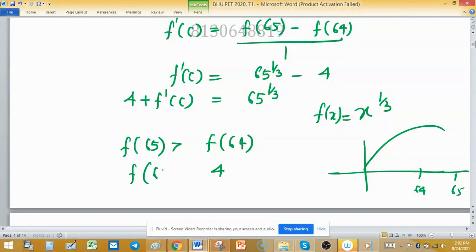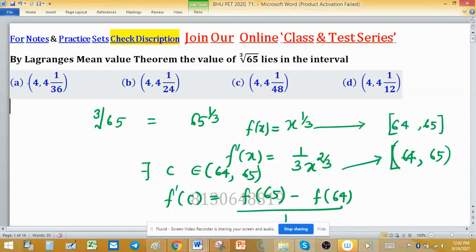So f of 65, meaning 65 raised to the power 1 upon 3, is greater than 4. You can observe 4 is the left bound in all four given options. Now we have to estimate the right bound of this interval.